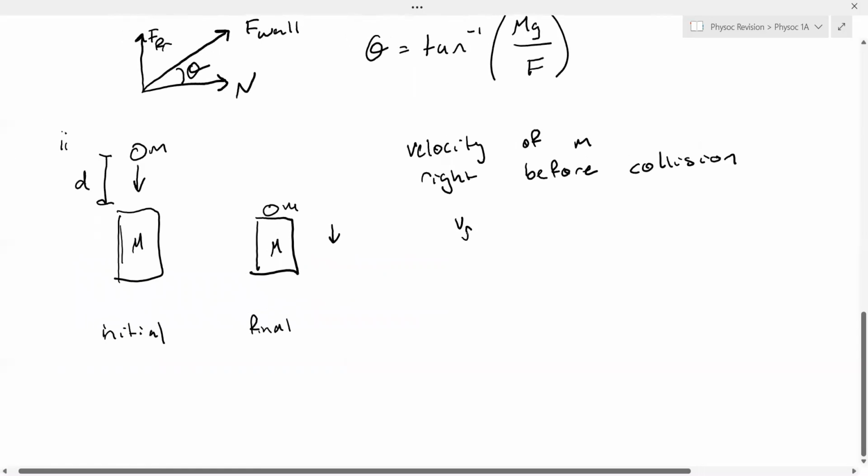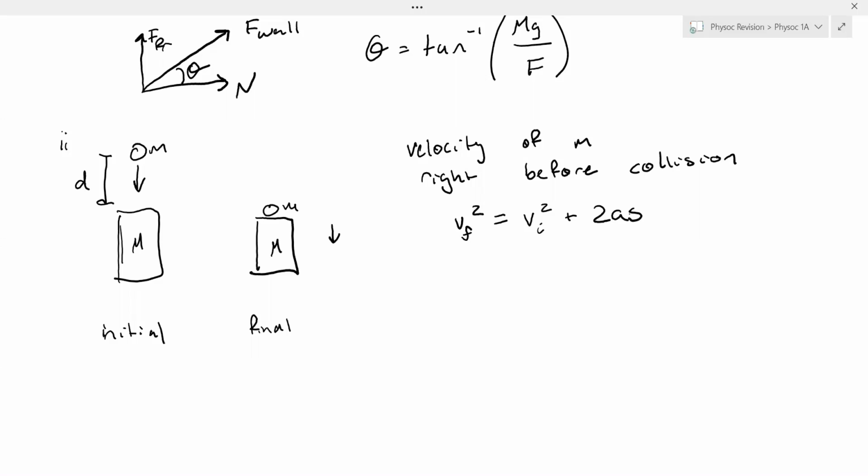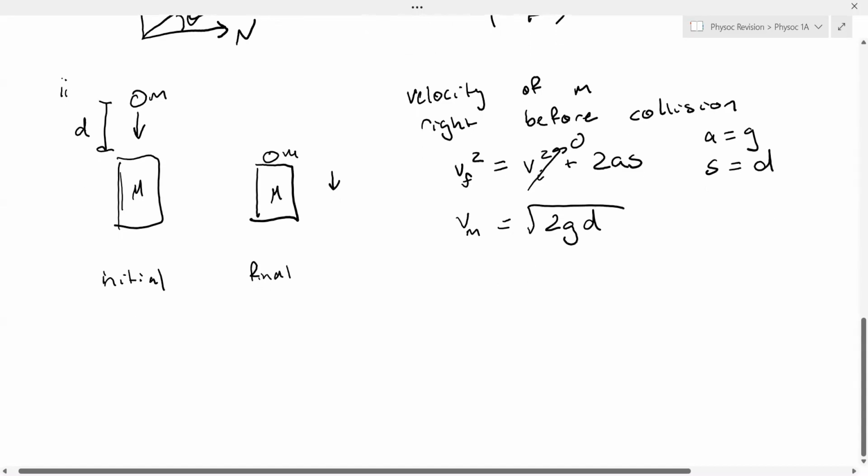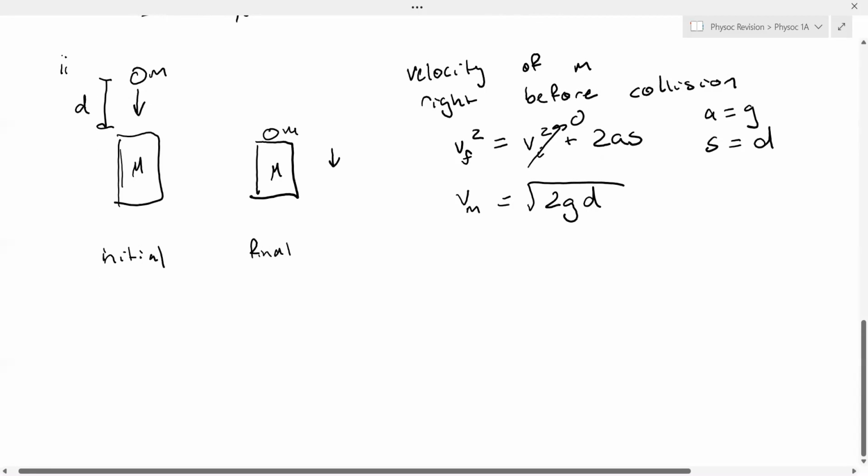We know v final squared is equal to initial velocity squared plus 2 times acceleration times distance. Acceleration is just due to gravity, it traveled a distance of d, and our initial velocity is 0. So the velocity of m just before collision is going to be the square root of 2gd.